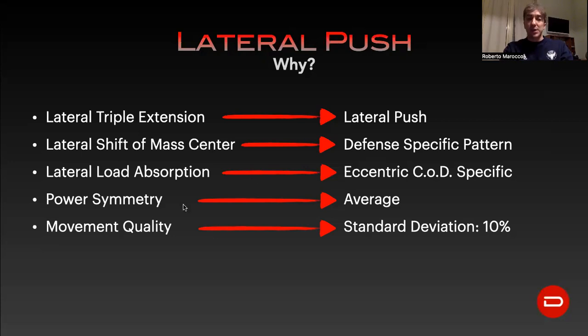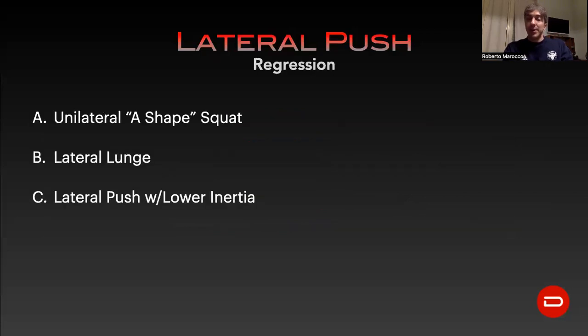Here again, I check the symmetry in the power expression. I consider the average of every set. And then the movement quality, I can accept till 10%. Here again, if we haven't that kind of standard deviation, do step backward. Unilateral A-shaped squat helps us to understand how moving the body weight from one side.